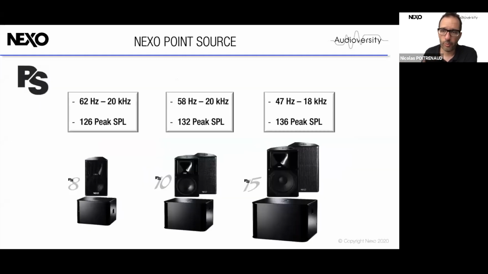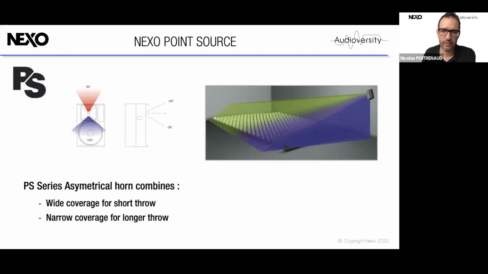We still have our PS products. These point sources have been around for a long time now. So we have PS8, PS10, PS15. And what you need to remember with the PS series is that PS comes with an asymmetrical horn. So what is an asymmetrical horn?